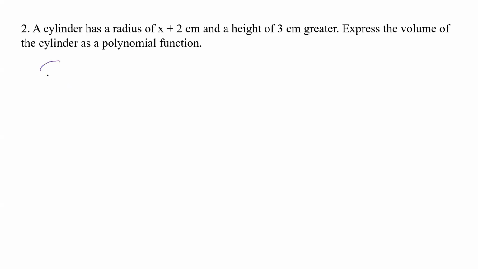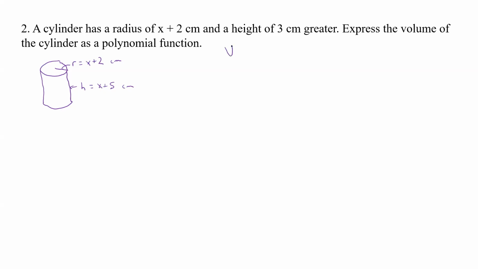So what we have is a cylinder. And so we have a radius, r equals x plus 2, and that's in centimeters. We have a height, which is this, and that's going to be 3 centimeters greater than that. So that's going to be x plus 5 centimeters. And now we need to know what is the volume of a cylinder.